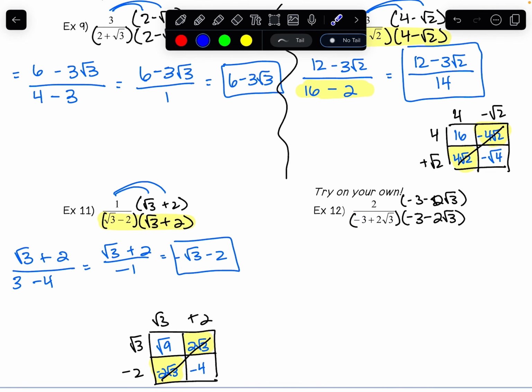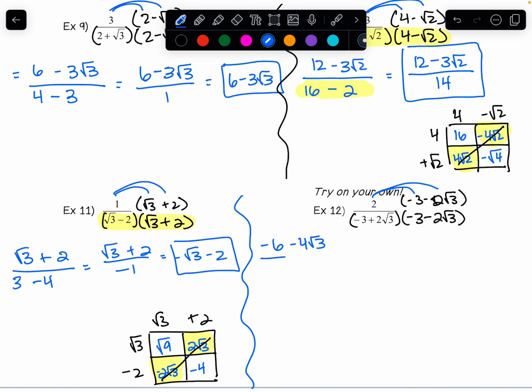The first sign doesn't matter. It's just the middle sign that changes. So when you go to use a distributive property, 2 times negative 3 is negative 6. 2 times negative 2 square roots of 3 is going to be negative 4 square roots of 3.